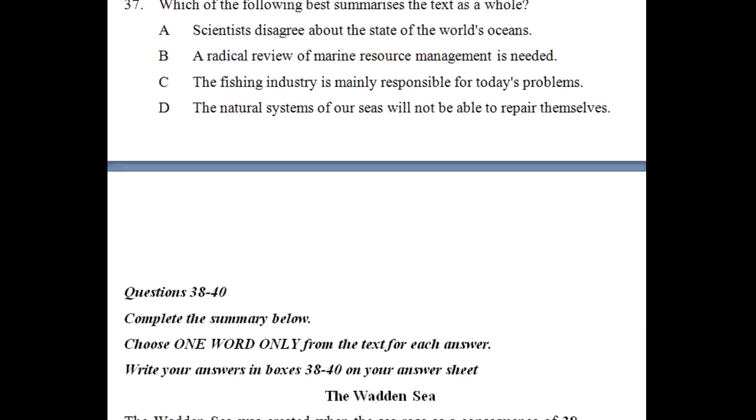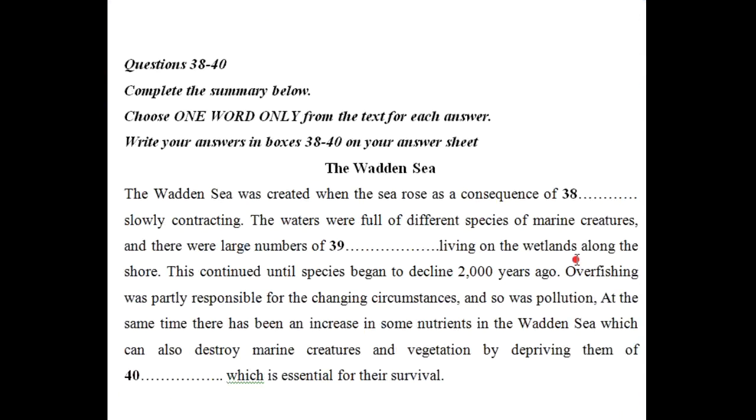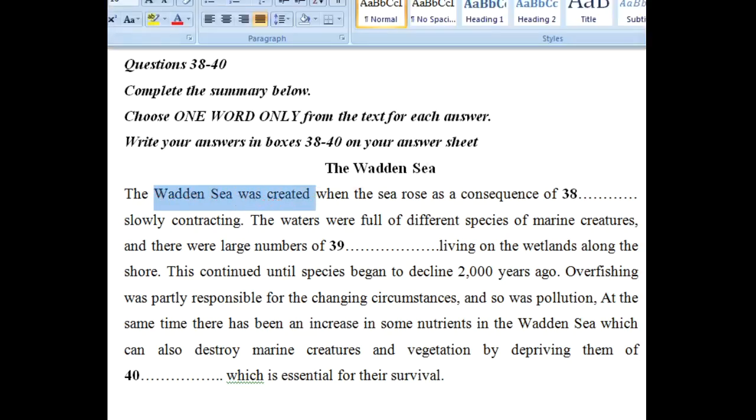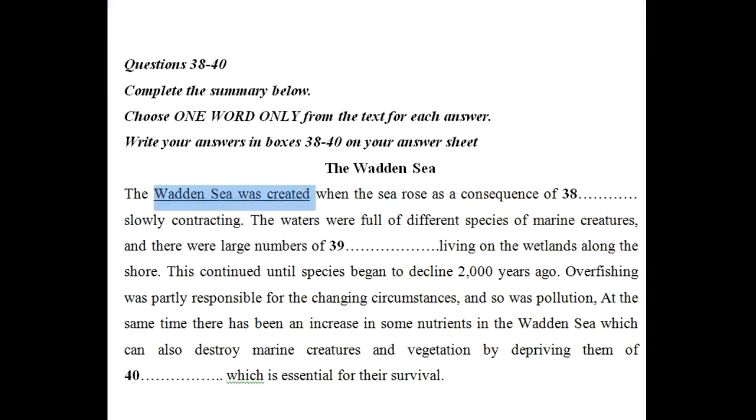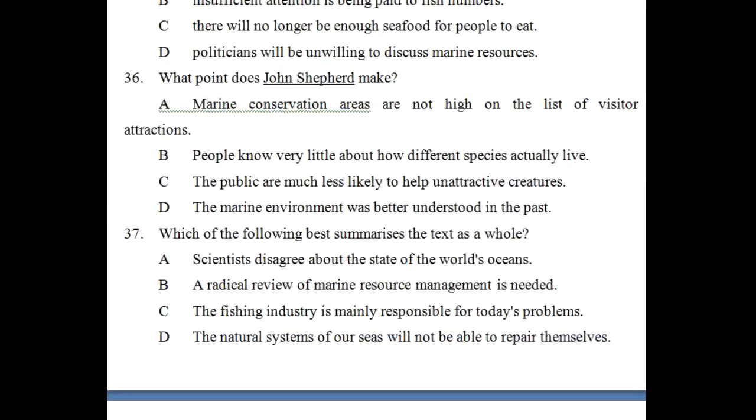Then the Wadden Sea is already the title, so perhaps that can be the keyword. The Wadden Sea was created when the sea rose as a consequence of, so perhaps it is the creation of the Wadden Sea that we have to find out. Right, so now we know that we have to find out something like creation of the Wadden Sea.